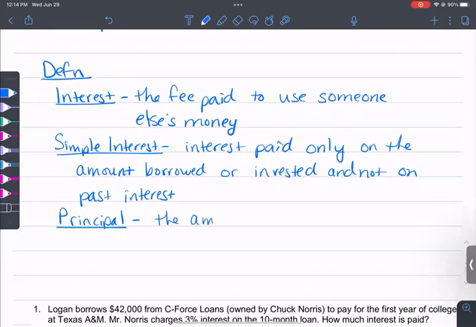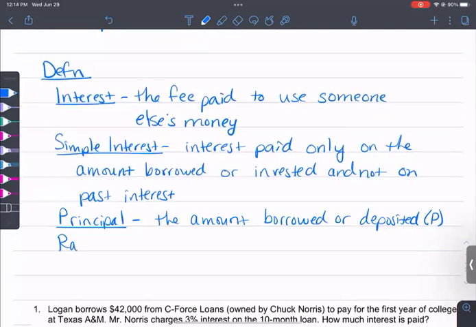Principal is the amount borrowed or deposited. Typically, this is indicated with a capital P in formulas.